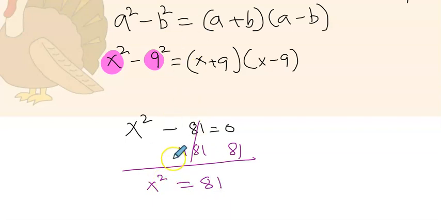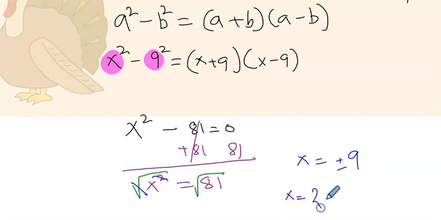And the inverse operation, x square, opposite of that is square root, taking square root on both sides. What is the square root of x square? This got cancelled. You will end up getting x is equal to square root of 81 is 9. Not only a positive 9, but also negative 9. So my answer is negative 9, comma, positive 9.